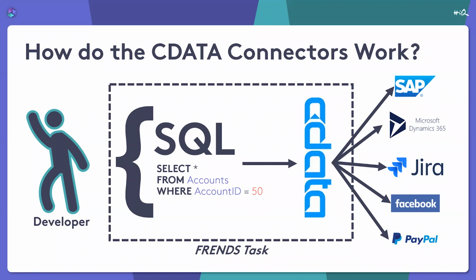And what the CData functionality brings to the table is that it takes the SQL that the developer provides. So for example, in our case, select star from accounts where account ID is 50. The CData tasks take this input, the SQL query input, and transform that into the appropriate, for example, REST request to then actually get the data out from Jira.